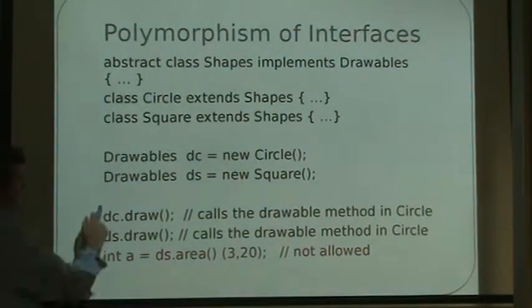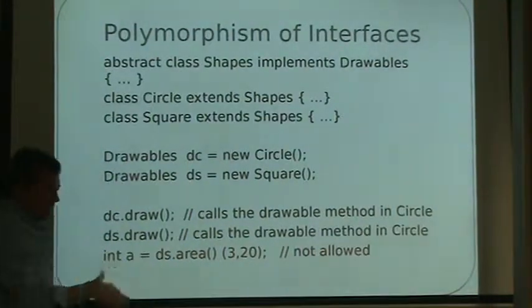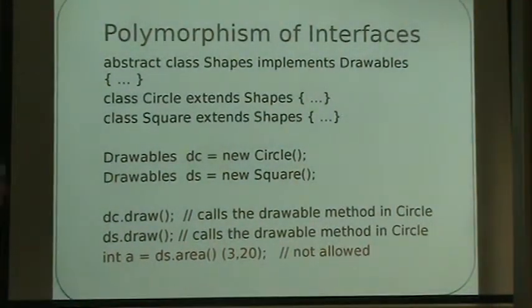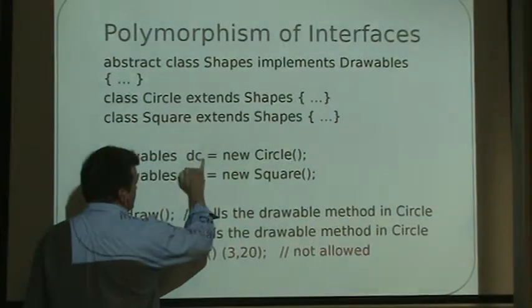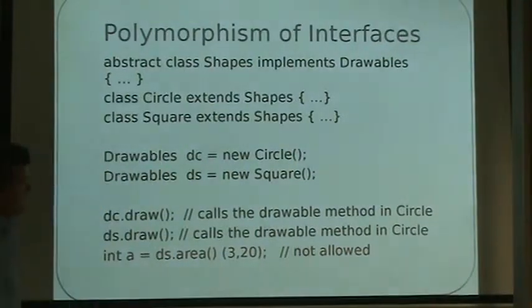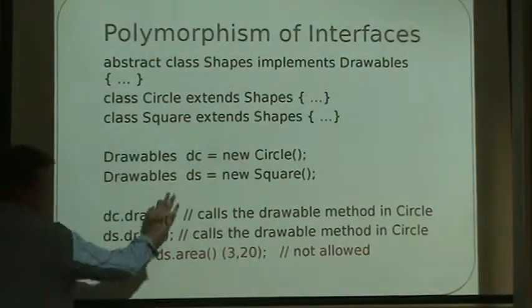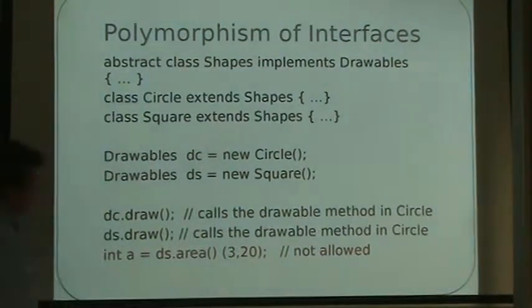We could then make a drawable reference. So it's not referring to a class, it's referring to an interface. And then anything that is in Drawable, we can call on these objects. So we can have a new circle referred to by a drawable reference, and a new square, referred to by a drawable reference.